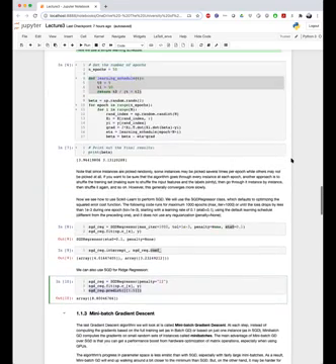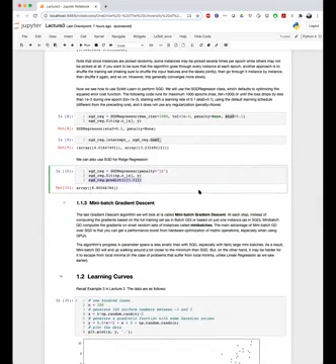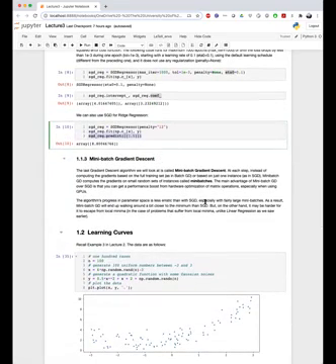So again, we have a middle ground, which is called the mini batch gradient descent. This is a combination or compromise between batch gradient descent, where you use all of the data for each step, and stochastic gradient descent, where you use only one randomly picked instance to calculate the gradients.